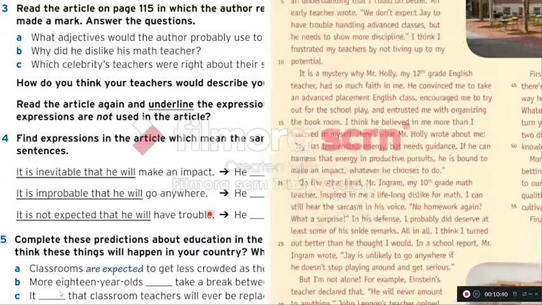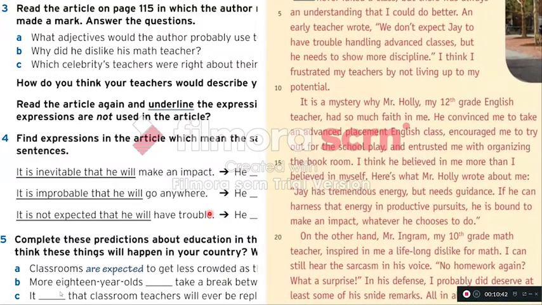If you take a look at line number 18, you will see that they use the words "he is bound to." Okay? He is bound to make an impact. What is "to be bound to"? It is the same as when something is inevitable, right? So like this, look for these other two phrases and identify the words that they are actually using.